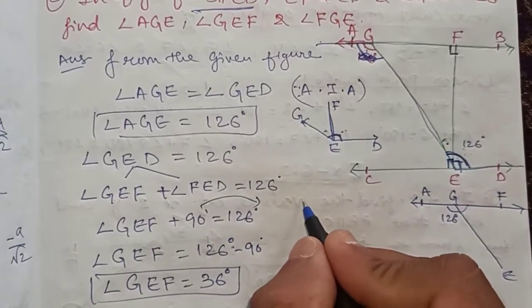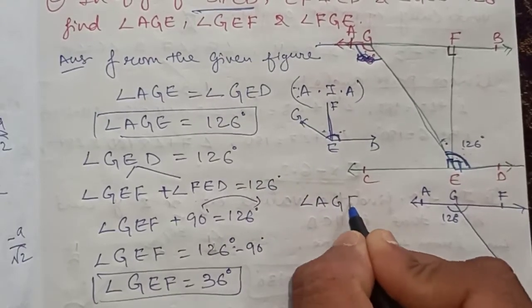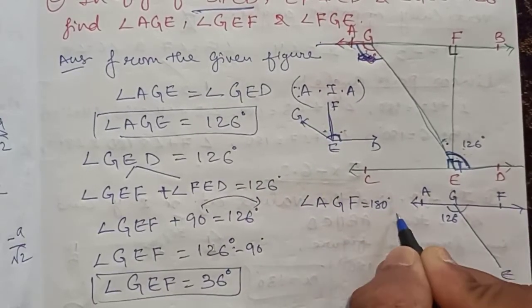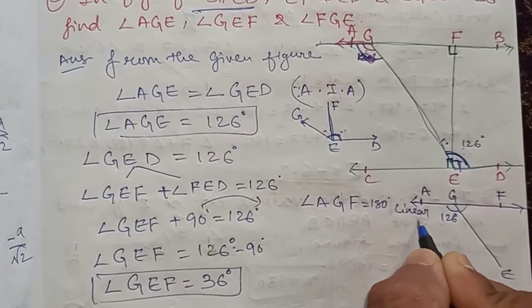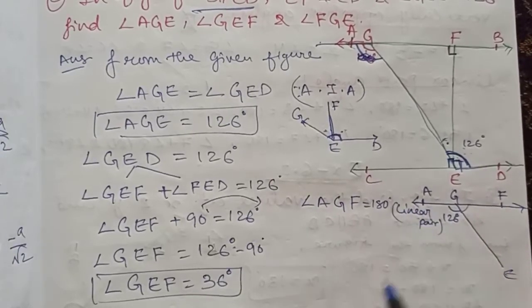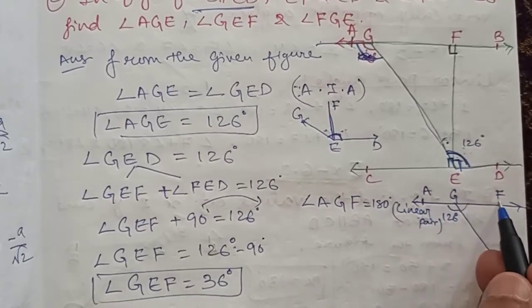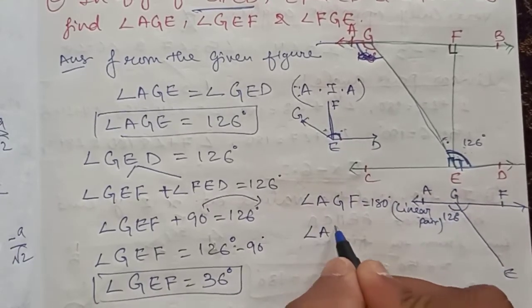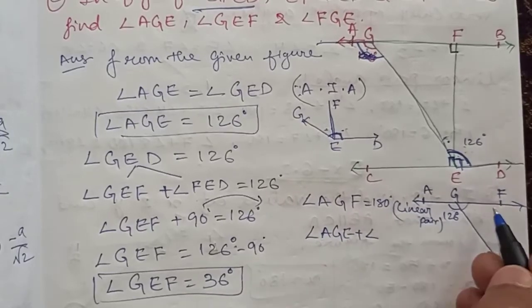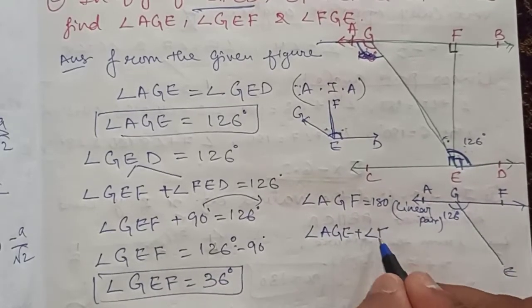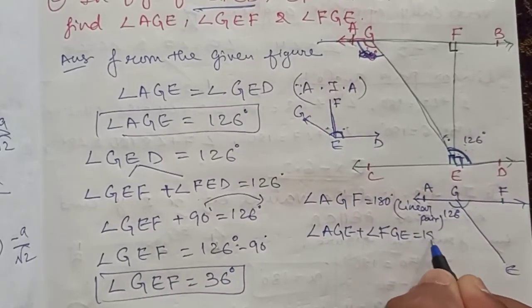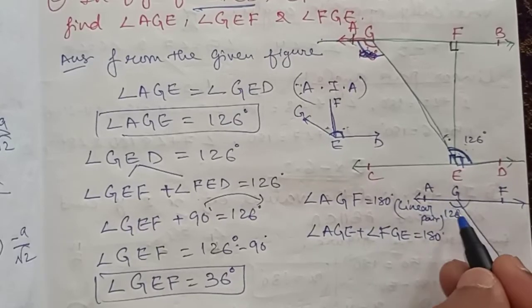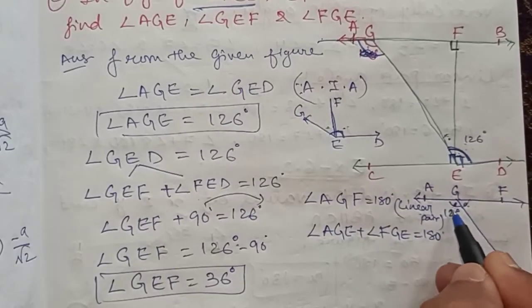So angle AGF is 180 degree. Why? Linear pair, because it is a straight line. AGF is cut into two parts. One is AGE plus FGE equals to 180 degree. This angle is cut into two parts, these two parts.